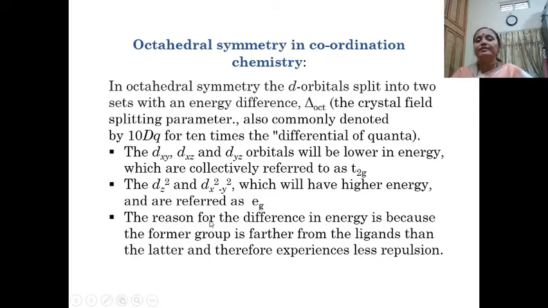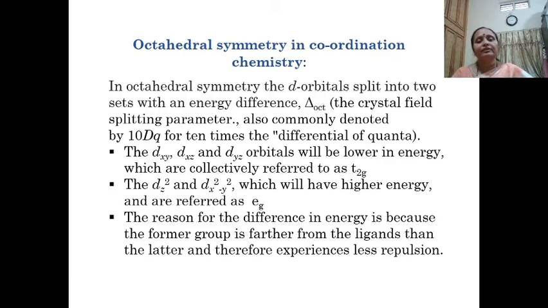The reason for the difference in energy is that dxy, dxz and dyz experience lower repulsions. Because they experience lower repulsions, they have a lower energy. While dz square and dx square minus y square experience higher repulsion, they have a greater energy.